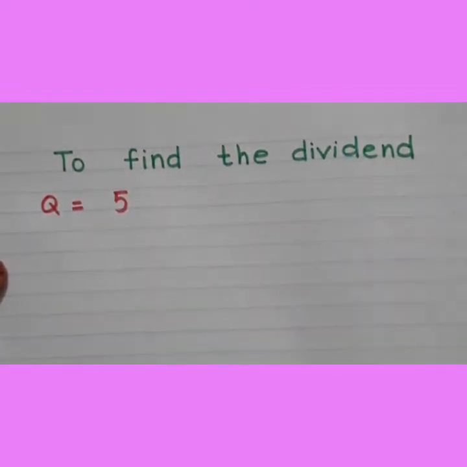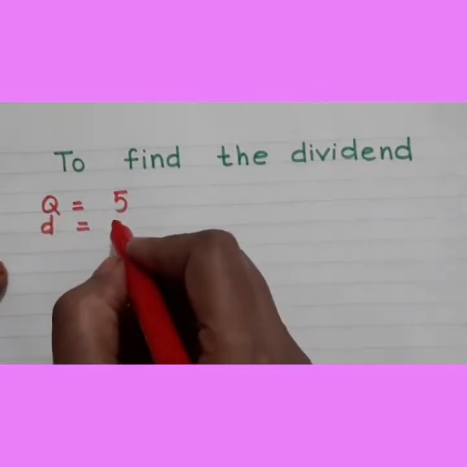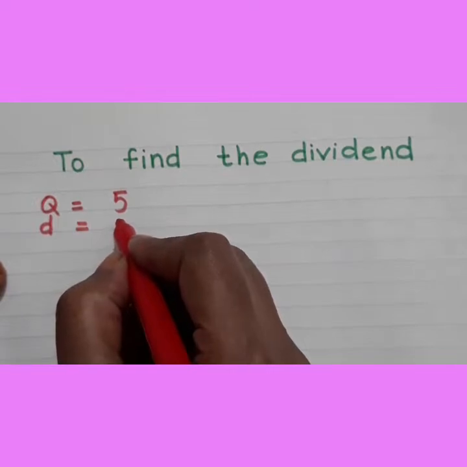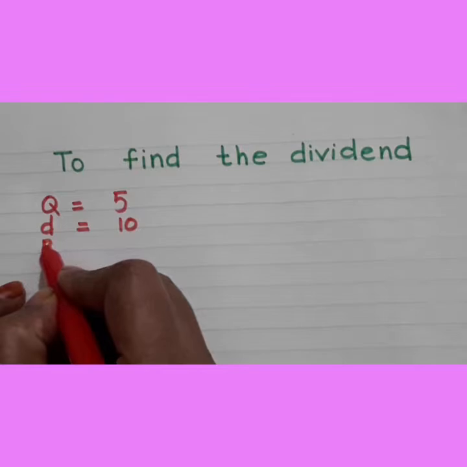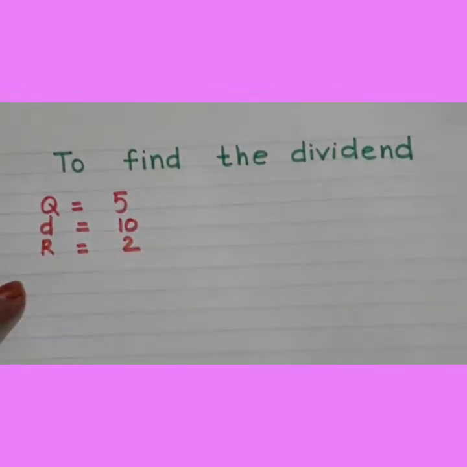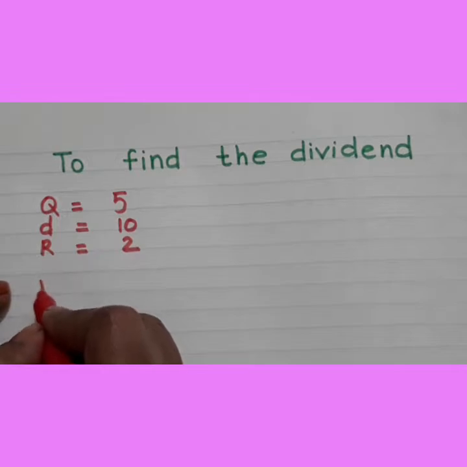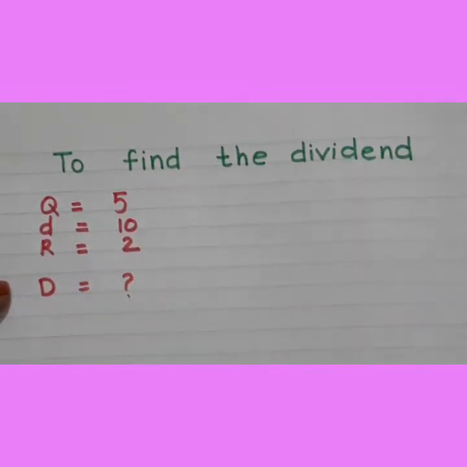And let's say the divisor given to me is 10. The remainder given to me is 2. And I am asked to find the dividend. This is the question.